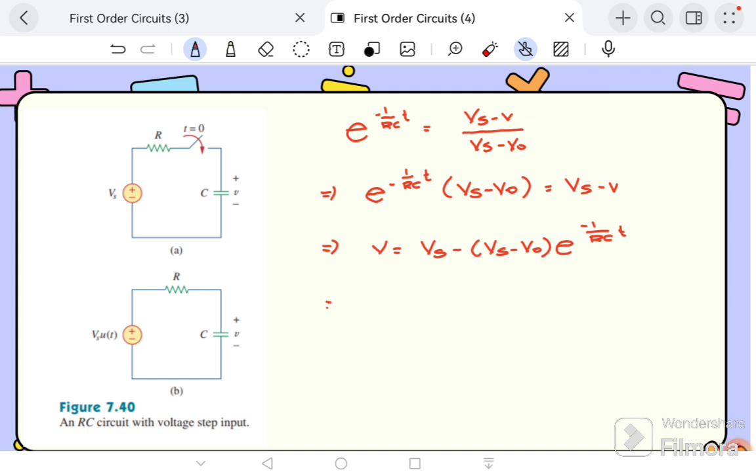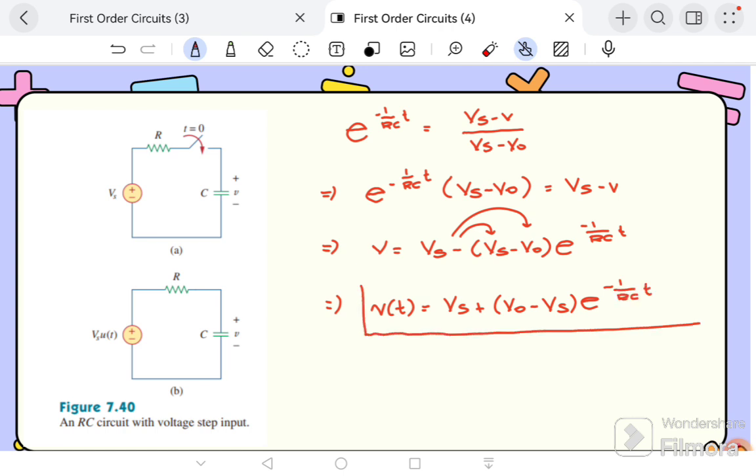So v of t equals Vs, and we can distribute the negative, so we have plus (V sub O minus Vs) e to the negative t over RC, which is the voltage across our capacitor.